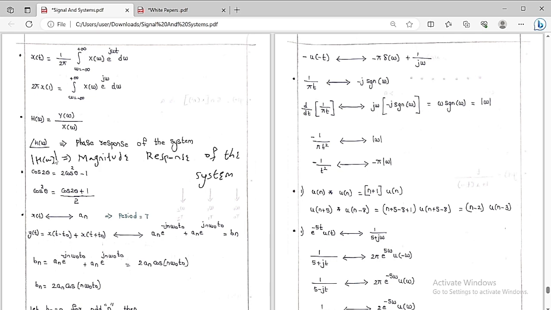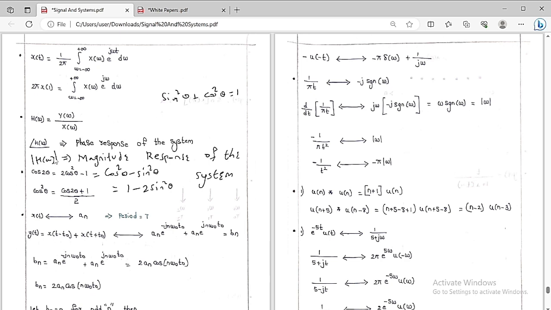The next point is cos 2 theta. You can write it like this: cos square theta minus sin square theta, or 2 cos square theta minus 1, or 1 minus 2 sin square theta. Because you know sin square theta plus cos square theta is equal to 1. So you know this formula, right?